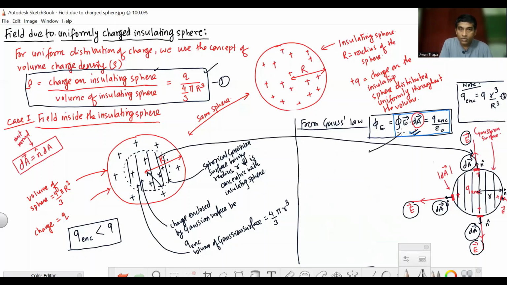Now we can write, and we can take E out of the integral. It is constant in magnitude at each point on the Gaussian surface and is acting in radially outward direction.